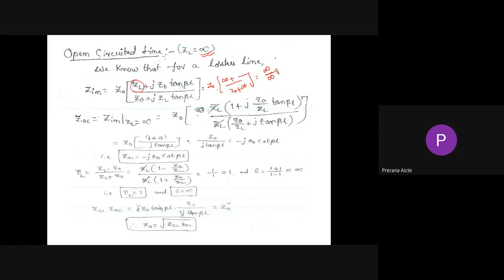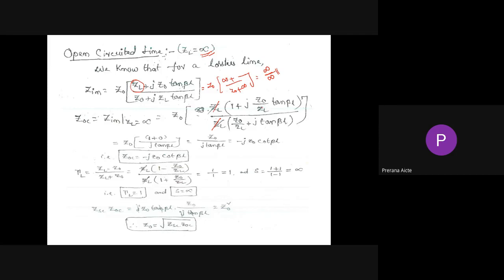To avoid this undefined form, we take Z of L common in the numerator and denominator. In the numerator it becomes 1 plus j Z naught by Z of L tan beta L, whole divided by, in the denominator, Z naught by Z of L plus j tan beta L. Now this Z of L cancels.